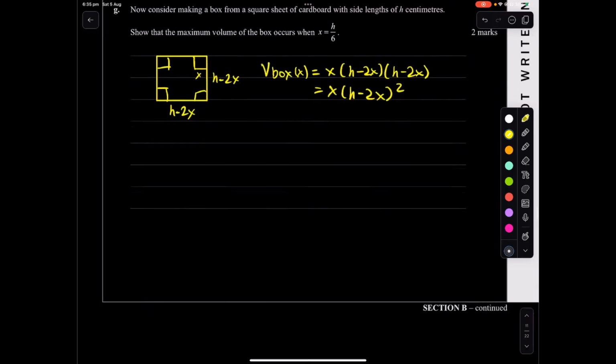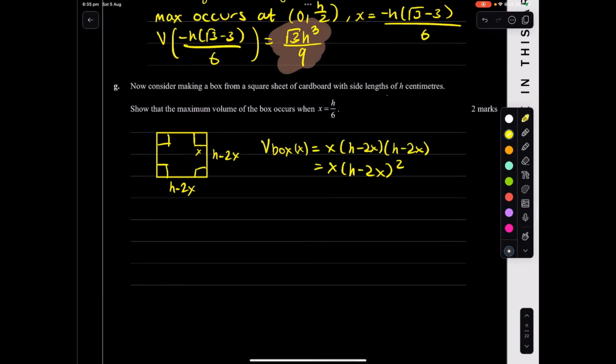Let's have a sketch of this graph. We have 0, and h minus 2x equals 0, so h equals 2x, so h over 2. So h over 2 is here. It is reflected, and it goes like that.